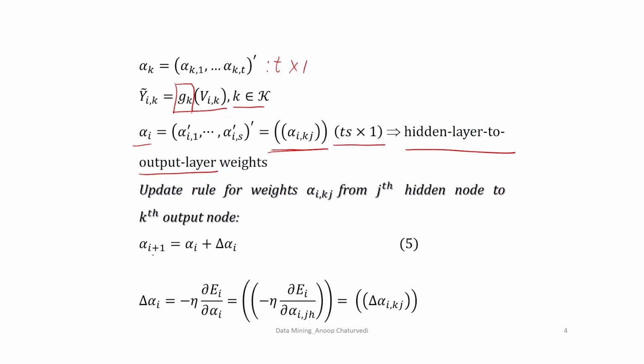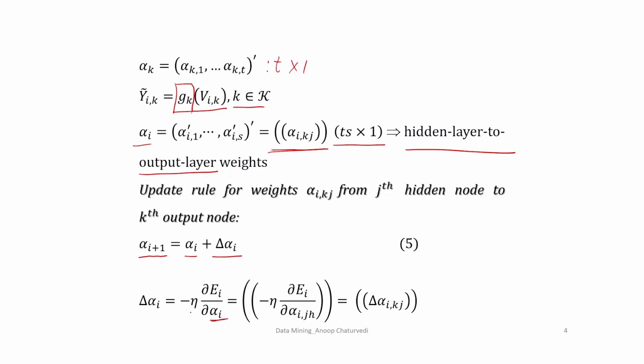So, alpha_(i+1) is equal to alpha_i plus del alpha_i, where del alpha_i is equal to minus eta del over del alpha_i of E_i, the first derivative of E_i with respect to alpha_i.